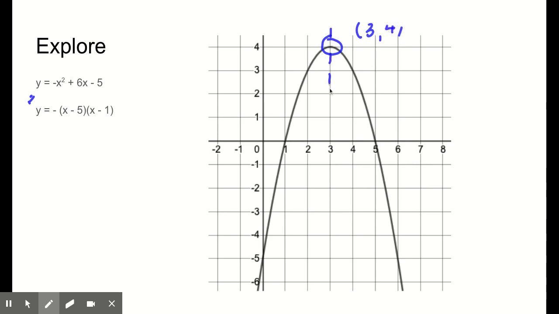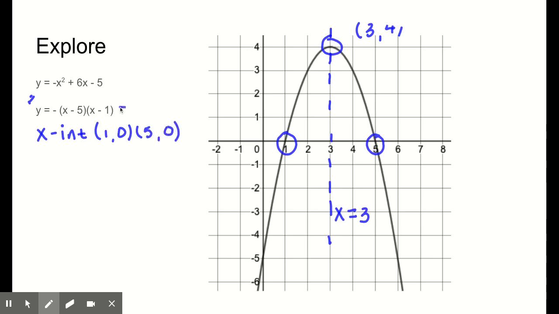Our axis of symmetry would be x equals 3. Also notice that our x-intercepts are at 1, 0, and 5, 0.